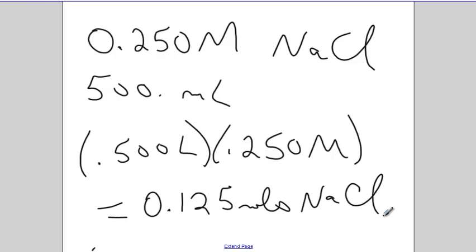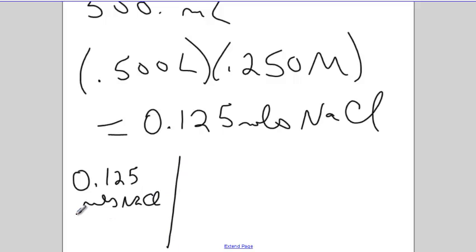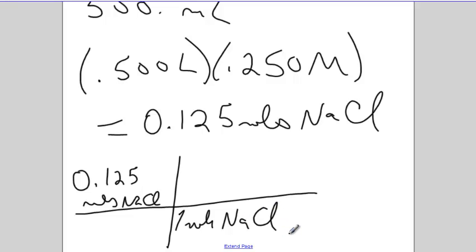But obviously I can't go and measure 0.125 moles of NaCl, so this time I do have to go to grams. So 0.125 moles of NaCl. For every 1 mole of NaCl, sodium's 23, chlorine is 35.5, so that's 58.5 grams. That's molar mass, right?